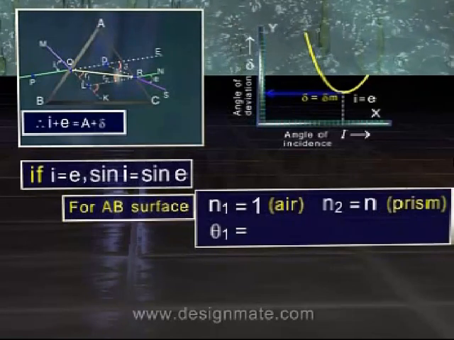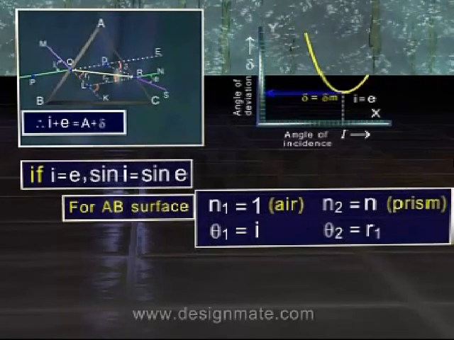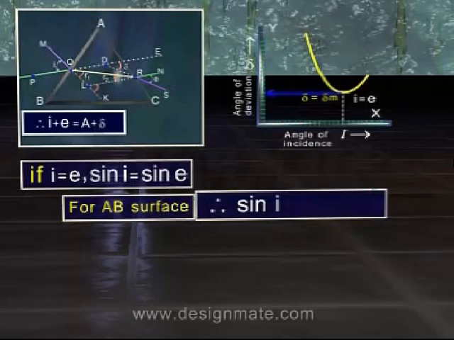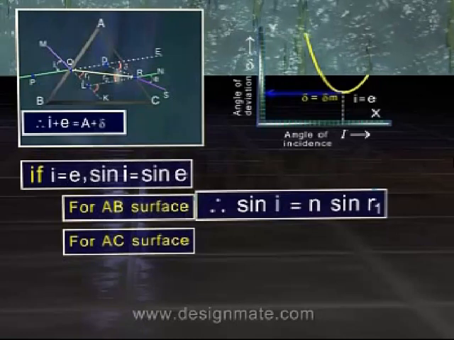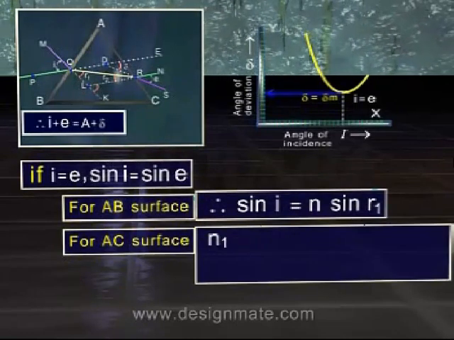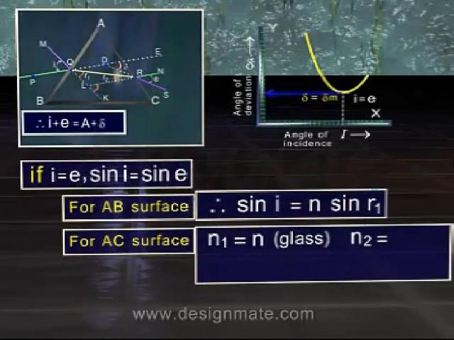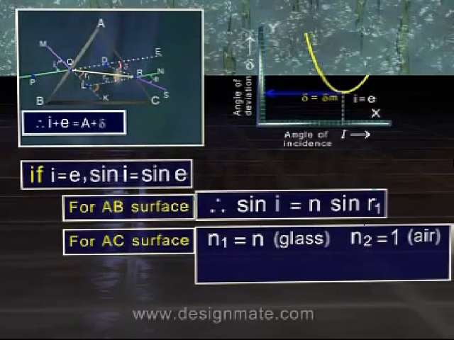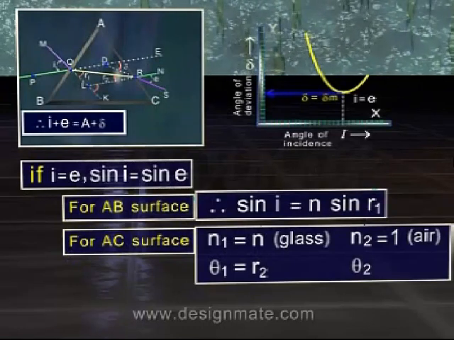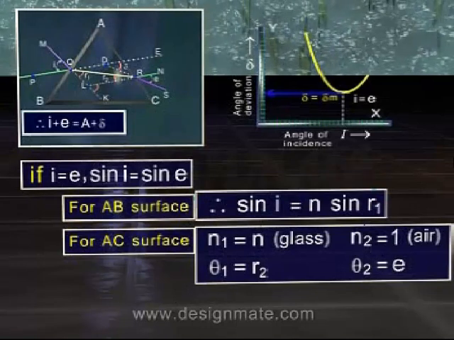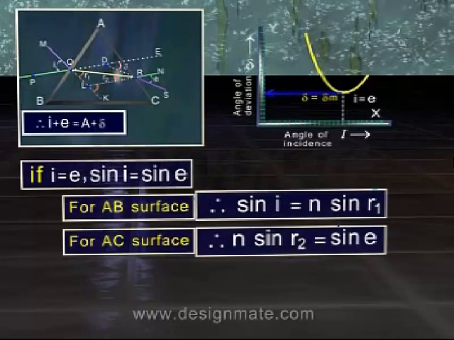Theta 1 is equal to I. Theta 2 is equal to R1. Therefore, sin I is equal to N sin R1. For AC surface, N1 is equal to N, in brackets glass. N2 is equal to 1, in brackets air. Theta 1 is equal to R2. Theta 2 is equal to E. Therefore, N sin R2 is equal to sin E.